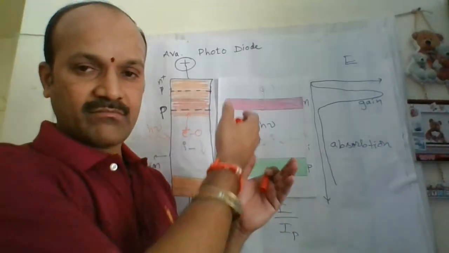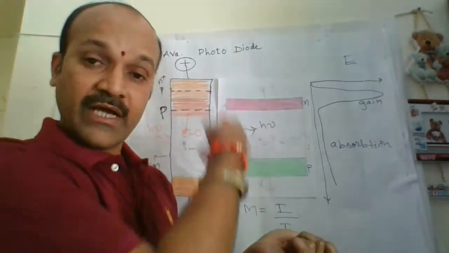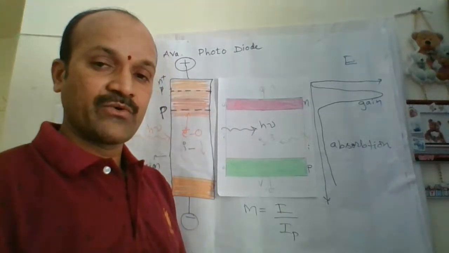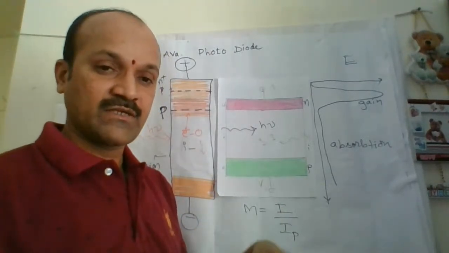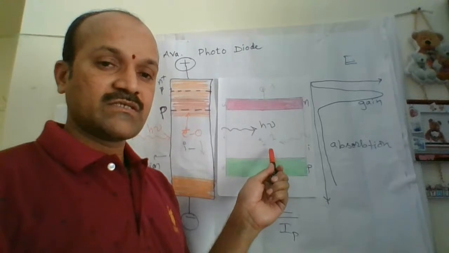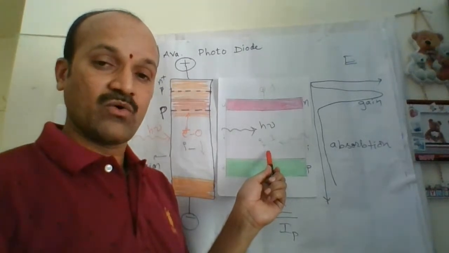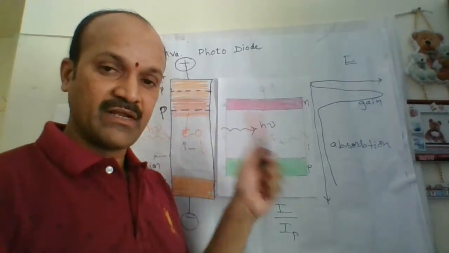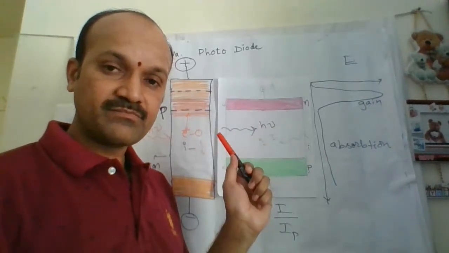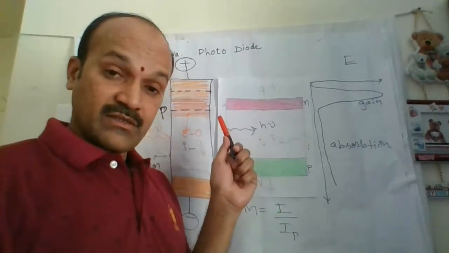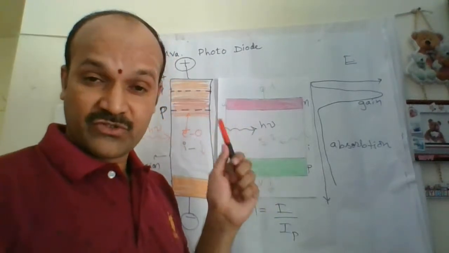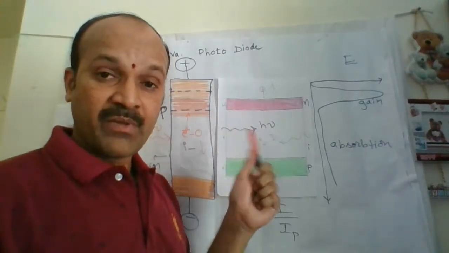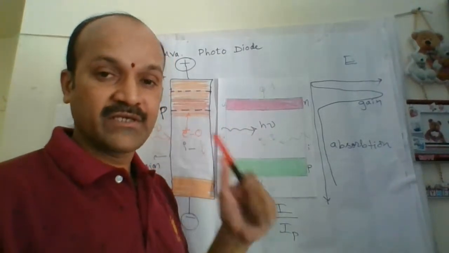Here also we apply reverse bias, as for any photodiode. The generated electrons and holes move in the field according to their polarity. Finally, light is detected. Here, impact ionization, which is an important concept in the avalanche photodiode, does not take place.